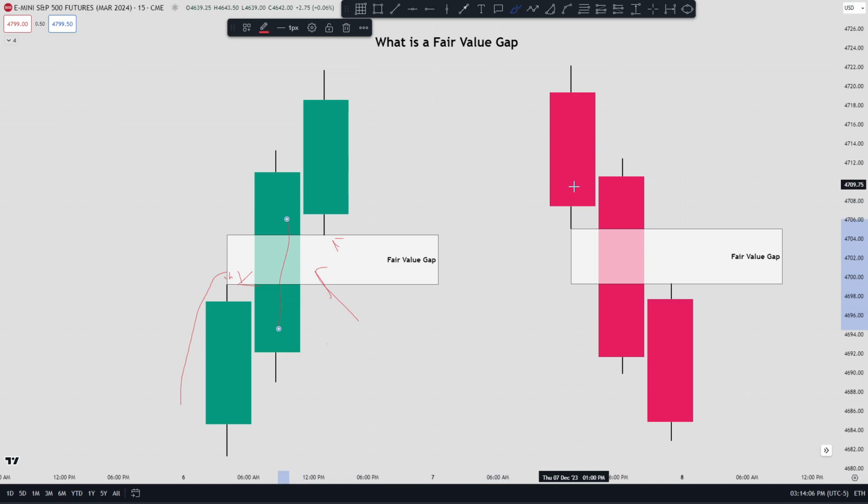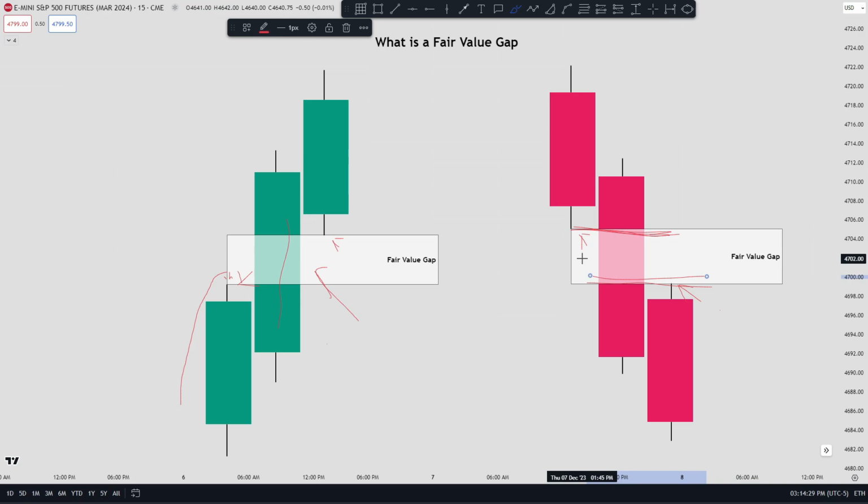Same thing here with the bearish formation. It's a 3-candle pattern. You have this low right here. Then you get this strong close on this bearish body through this middle area, and then you have this high. This separation between this low and this high, this middle area, that is your fair value gap.